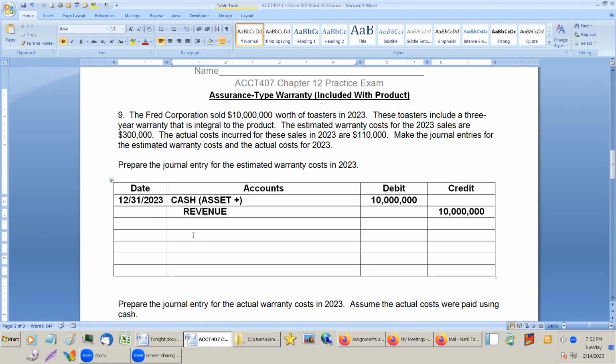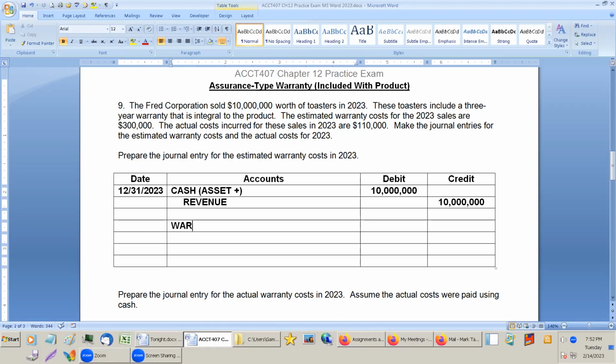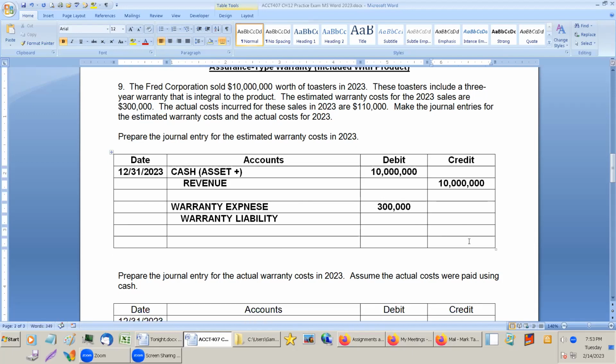We recognize the revenues in this year, and even though these are going to be paid off in future periods, we're going to put the expense in for this one. So this will be our warranty liability, sometimes called warranty obligation, either one's fine.